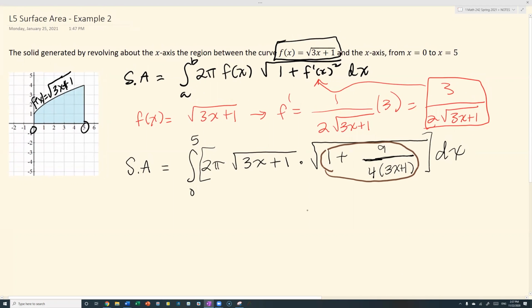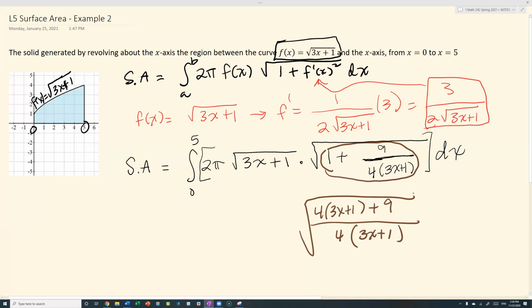When we get that common denominator, I will have 4 times 3x plus 1 plus 9 on the numerator, all under the square root. The square root is on the outside. And then we still have 4 times 3x plus 1 on the denominator. And then there's the 2 pi, and we are integrating from 0 to 5 with respect to x.